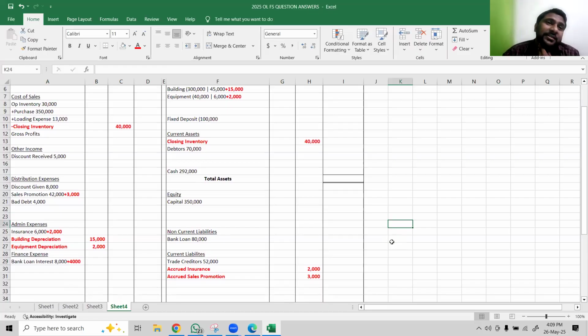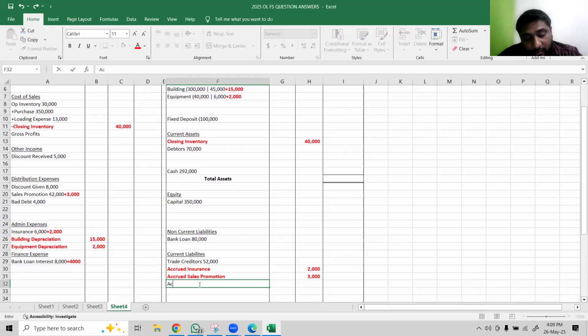And the best thing is that this 4,000 is not yet paid. Two places, I told you, it should always go to two places: interest expense payable, accrued interest expense, 4,000.